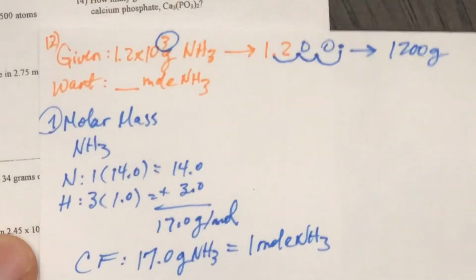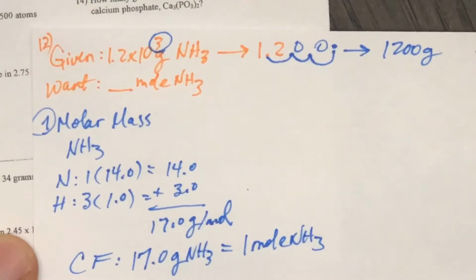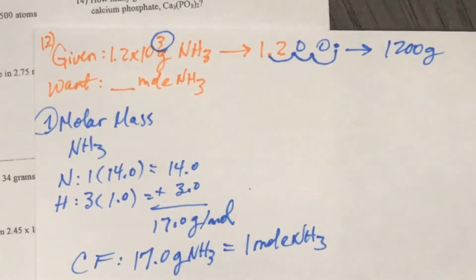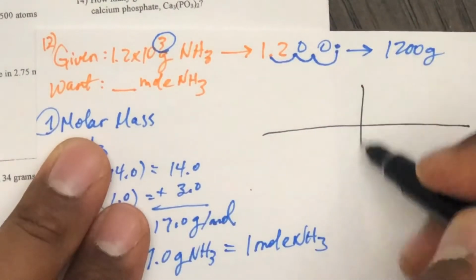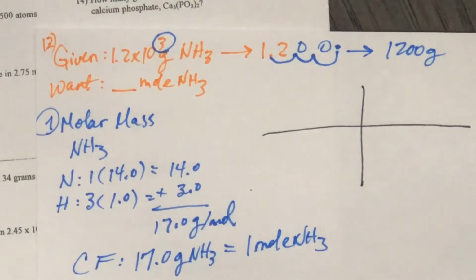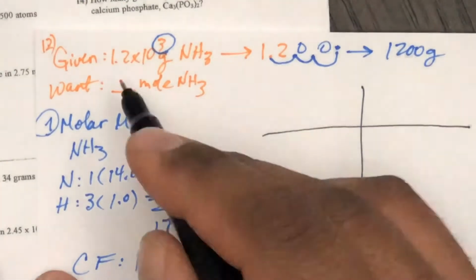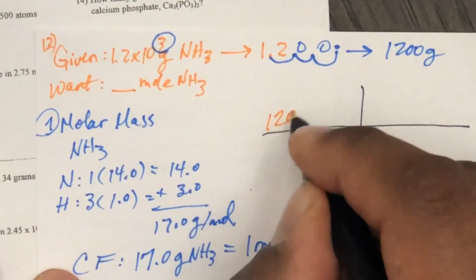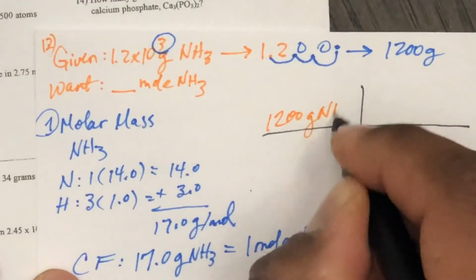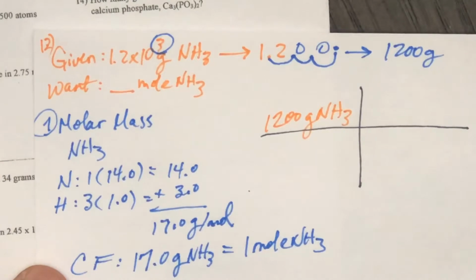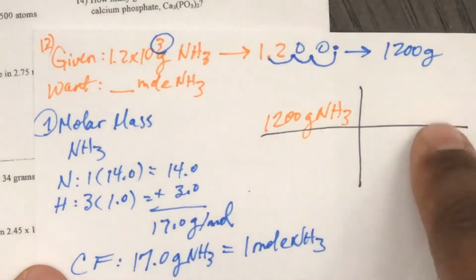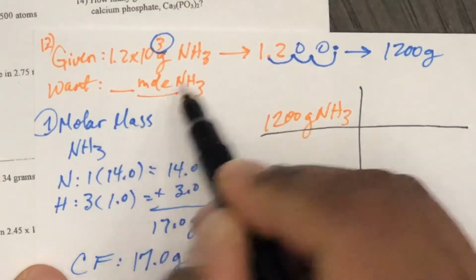Now what we gotta do is we gotta put it all together. So let's make our dimensional analysis line. You're gonna start off with your given. Here it's gonna be, what do we say, 1,200 grams of ammonia. And here we're gonna use this so that we can convert to moles.